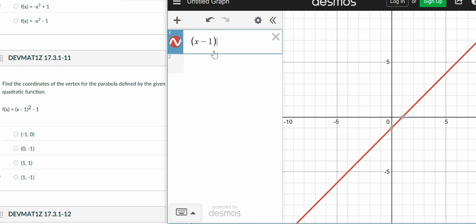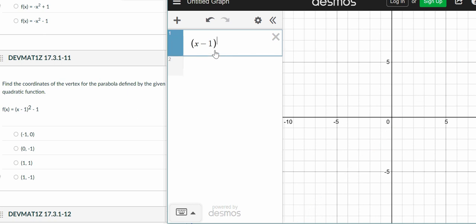You have a cursor like this, so you want to press shift and the up arrow on your keyboard, that's the number 6. You see number 6 on your computer. Press shift and then concurrently press number 6. It goes to the exponent.